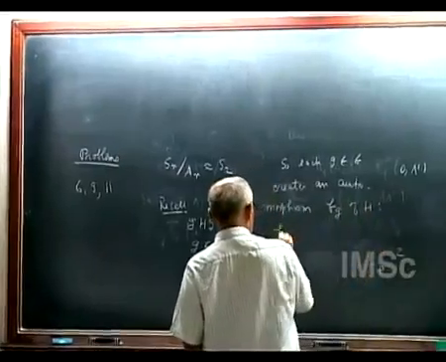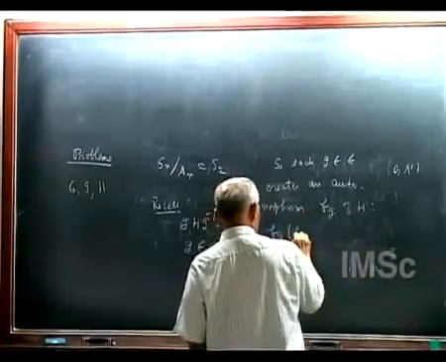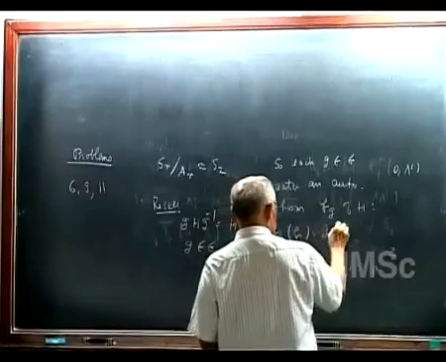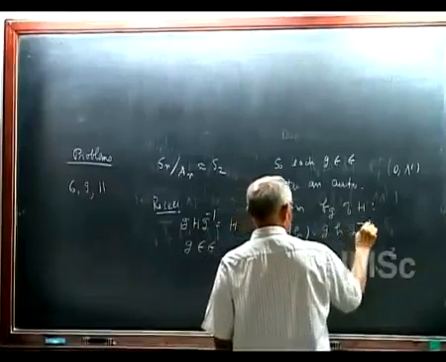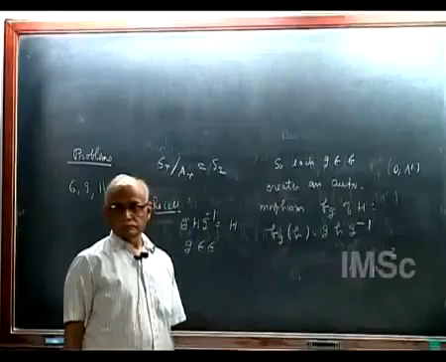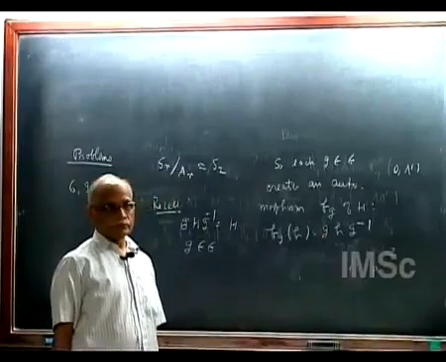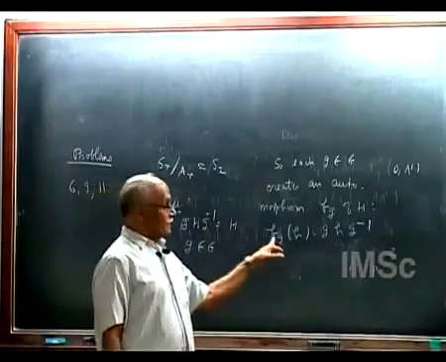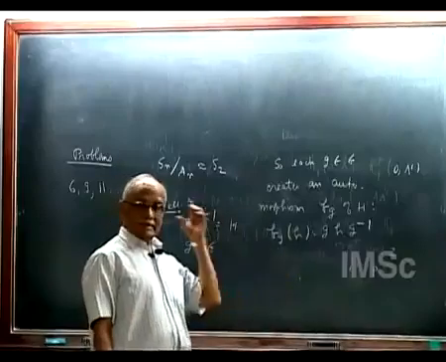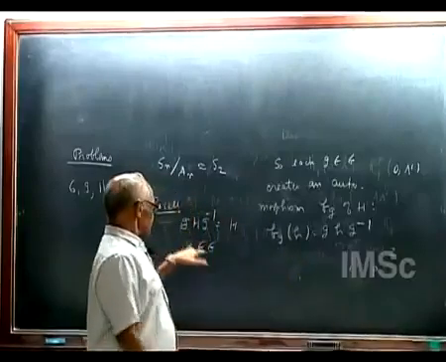It is G H G inverse. It is conjugating the elements, so it is clearly an automorphism, and you don't leave H.